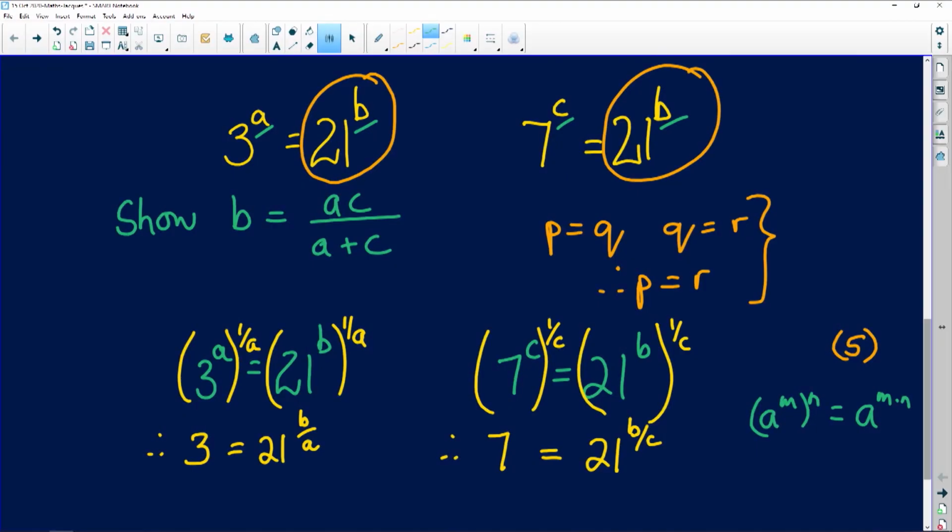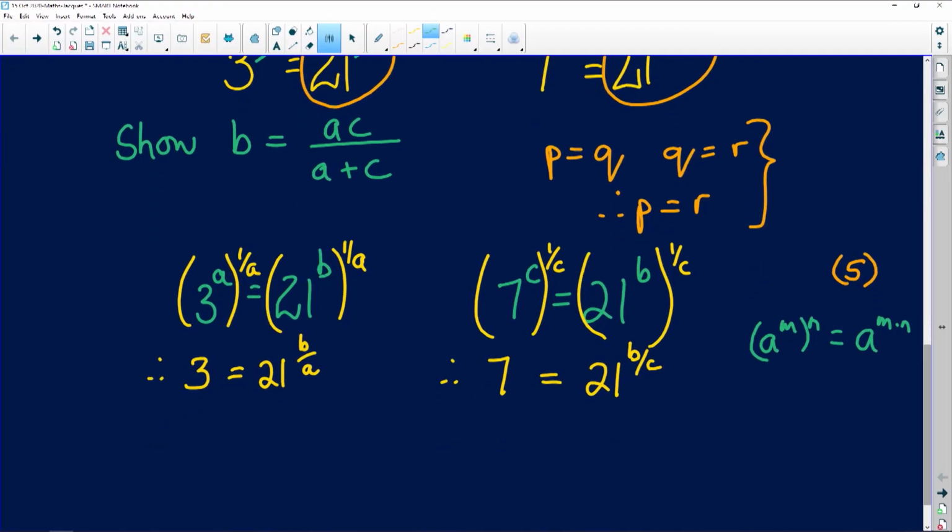Remember, if I multiply two bases together and the bases are alike, I add their powers. Here, I want to multiply the powers and not the bases, so I need to raise to the power. Okay, so let's continue and let's see where this gets us.